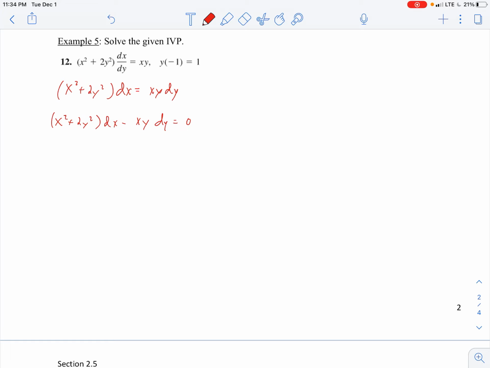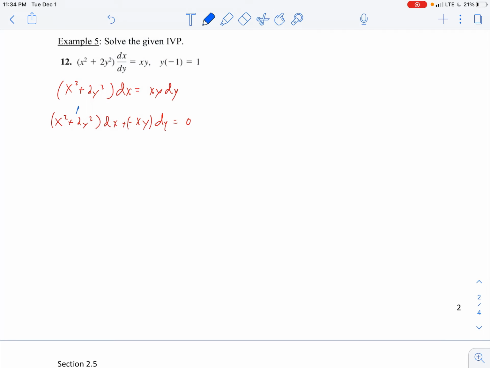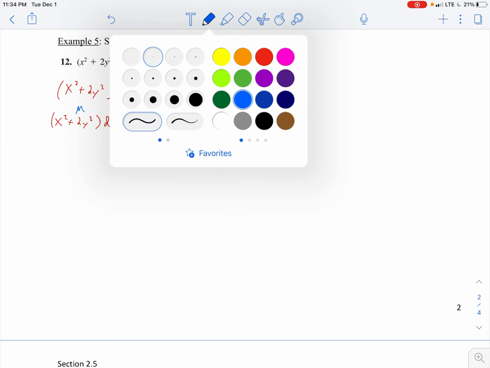Again, usually it's plus, so I'm just going to put that there. Which one looks easier to deal with, M or N? This is M. This is N. Oh, well, N looks like it's easier to deal with.